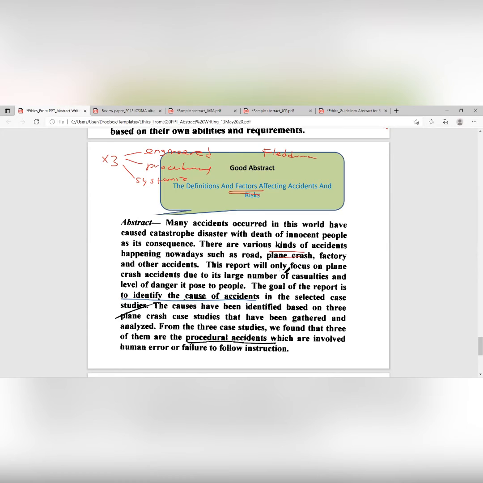And then they mention that they only concentrate on the plane crash accident. So they gathered the articles on the plane crash or plane accident that involve aeroplane, and then they come up with the number. Right?